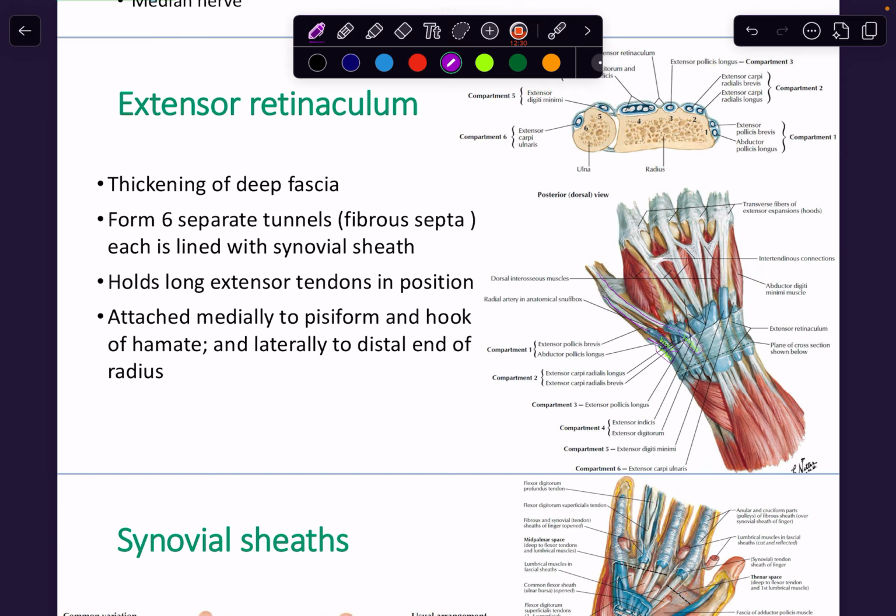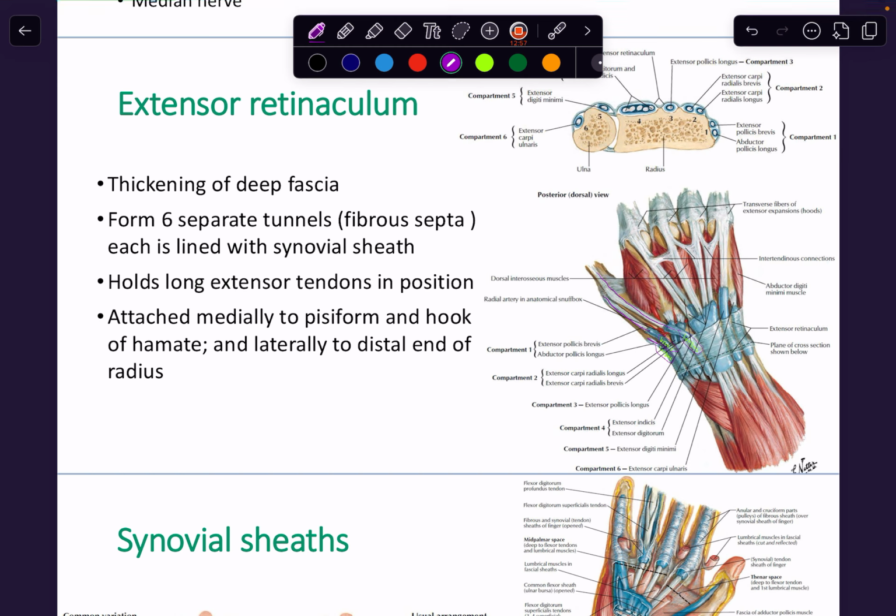Now the first 2 in compartment 1 are these 2. In the cut section, compartment 1 contains extensor pollicis brevis and abductor pollicis longus. Easy. Then here at the side come 2 cousins attached to the second and third metacarpal.